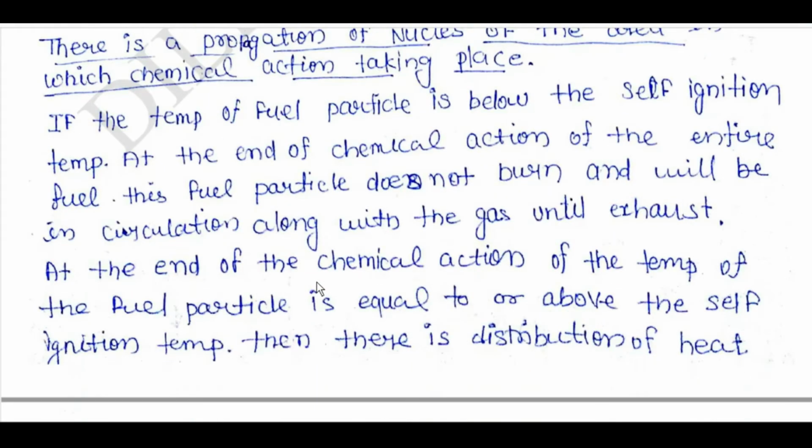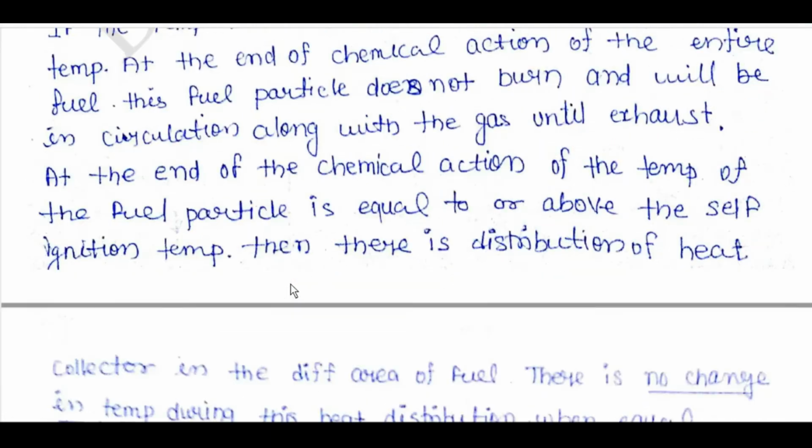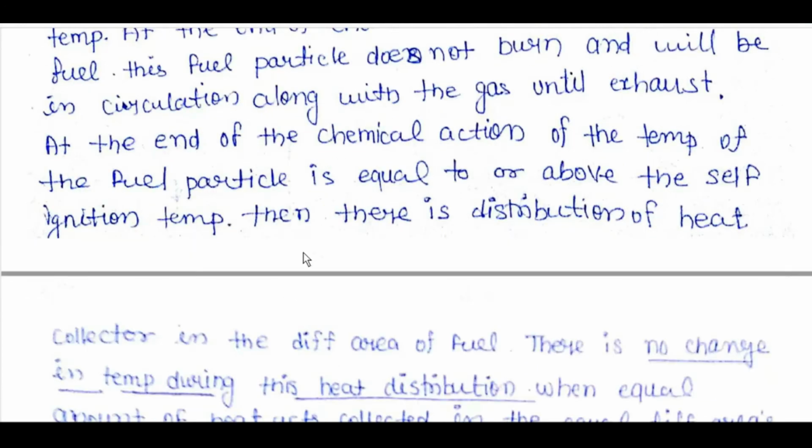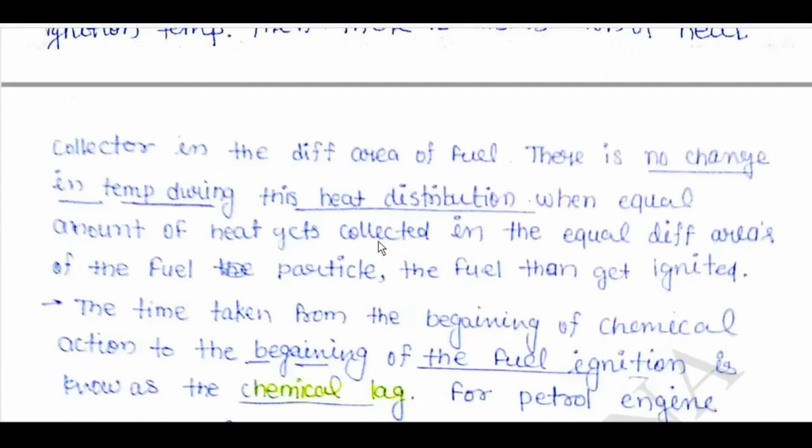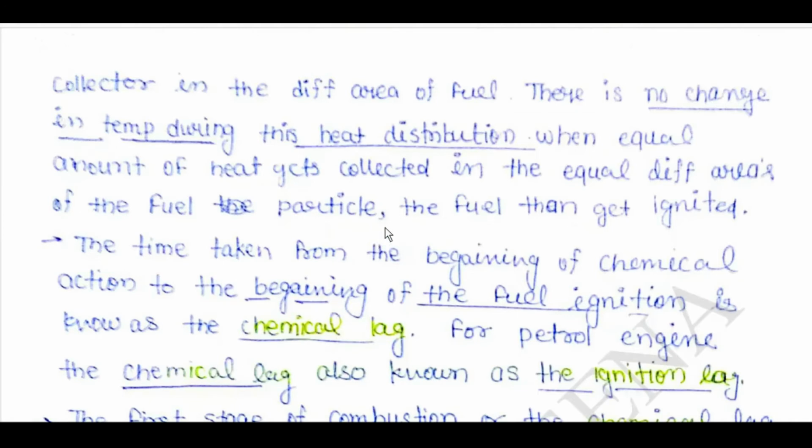If the temperature of the fuel particle is below the self-ignition temperature at the end of chemical action of the entire fuel, the fuel particle does not burn and will be in circulation along with gas until exhaust. If at the end of chemical action the temperature of the fuel particle is equal to or above the self-ignition temperature, then there is distribution of heat collected in different areas of the fuel.